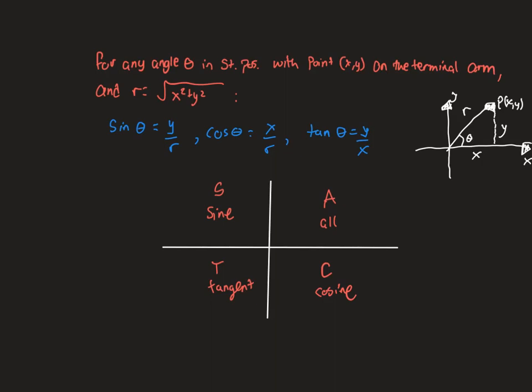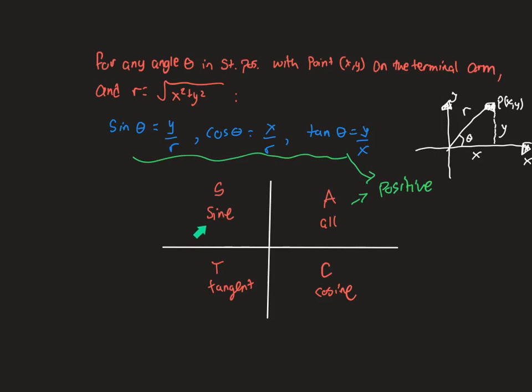So what this means is that in the first quadrant, sine, cosine, and tan are all positive values. Okay? So your final answers are always going to be positive there.